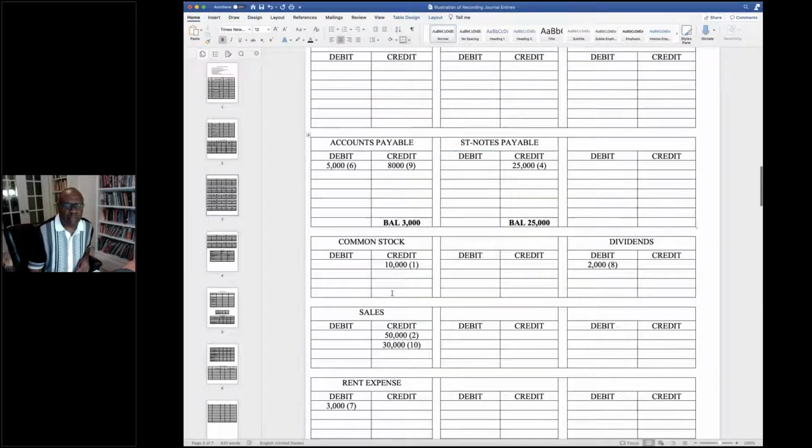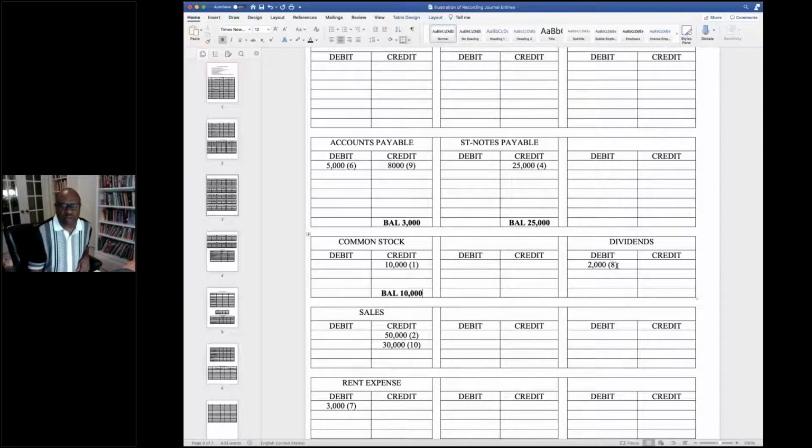Common stock, we simply have the one transaction. And so the balance in the common stock is going to be 10,000 on the credit side. So remember, we said the normal balance on a liability is a credit. Normal balance in common stock is a credit.